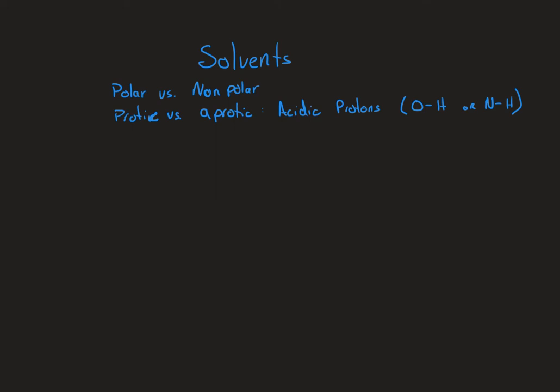Protic solvents decrease the nucleophilicity, and so they slow down lots of SN2 reactions. If we look at something like F minus, a protic solvent such as methanol will hydrogen bond to the F minus and sort of trap it, so that this F minus is protected and it can't do nucleophilic attack.